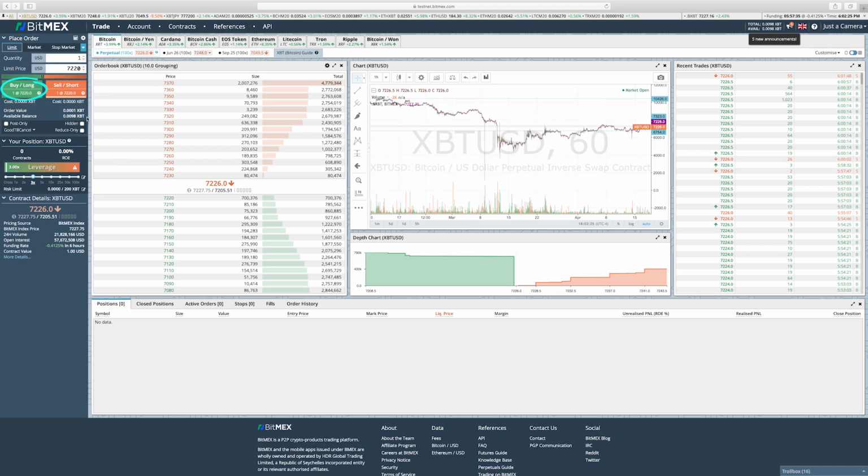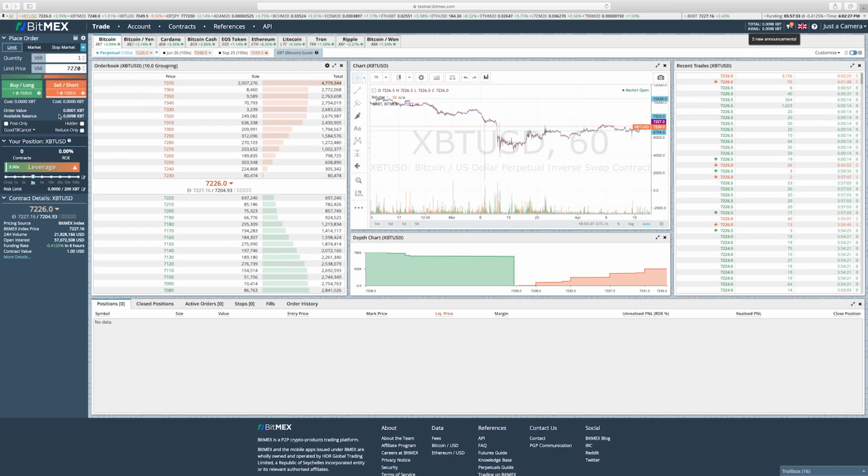It's going to show me my available balance, which we know is reflective in our account tab, and we have our order value. And we can see down here we have something called a leverage slider. And leverage is not something that we've gone over yet, but in the later sections of this course, Zoran is going to be going over an in-depth overview of what leverage is and how we can incorporate that into our trading and what it means. But for now, let's just pretend we're using 3x leverage.